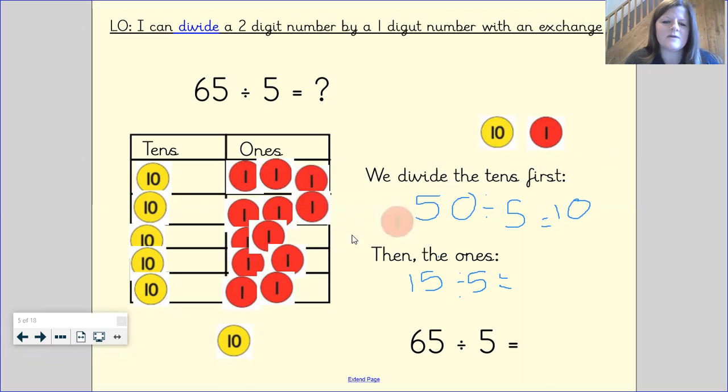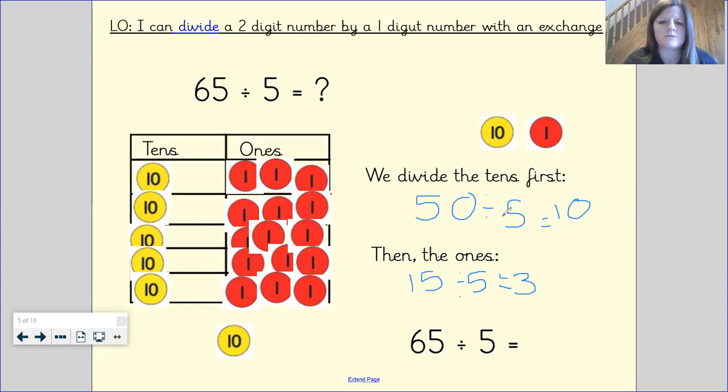And obviously when you are doing this, you can be using red pencils or you can just be drawing little circles with your tens and ones using a grid. If you can do these methods in your head, that is absolutely fine. Any way that you feel that helps you to complete them is absolutely fine. So we have got 15 ones and we've divided them into 5 groups. So therefore 15 divided by 5, we've got 3 in each row, in each group.